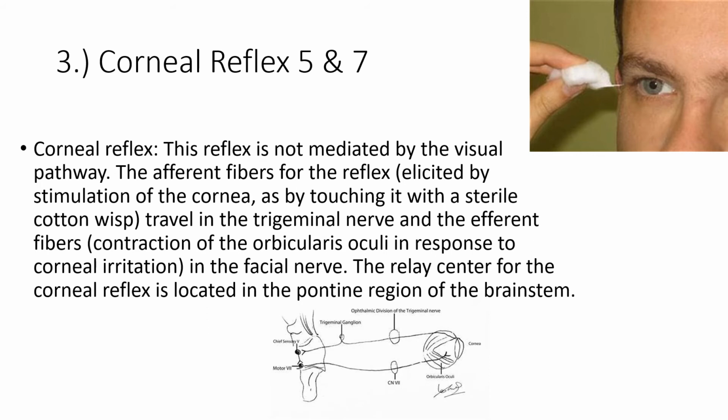So circular muscle around the eye, oculi, in response to the corneal irritation. So facial nerve is going to be the efferent. The relay center for this corneal reflex is located in the pontine region of the brainstem, so that just means pons.